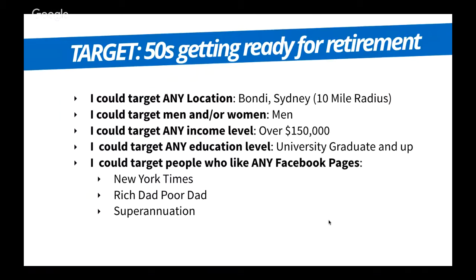So basically, based on their behavior on Facebook, Facebook knows that they read the New York Times, they are interested in the book, they like it or they've read it, and they click on lots of different ads or posts about superannuation. So you can really target down. Facebook would give you a number of people that fit that description, and then you can show your ads just to those people. Very targeted, very cost effective.